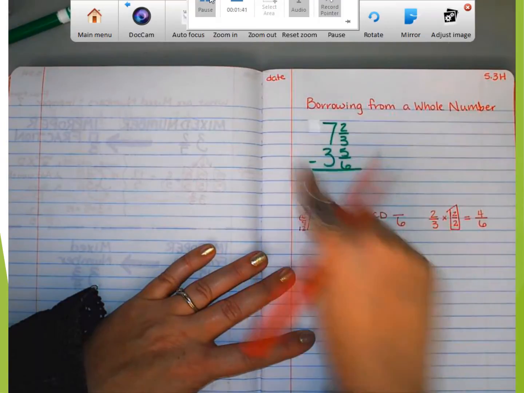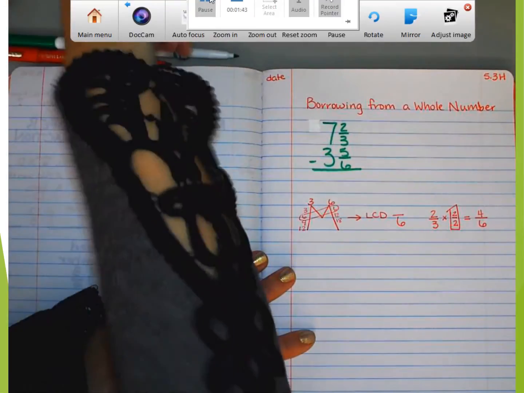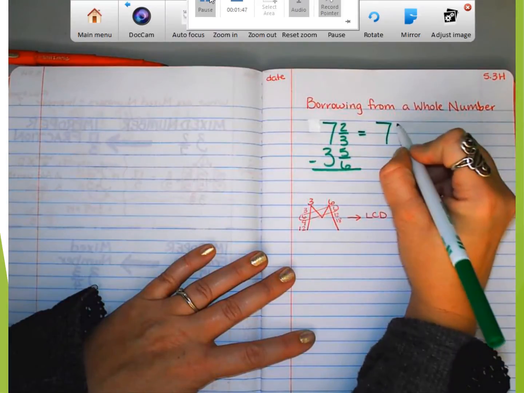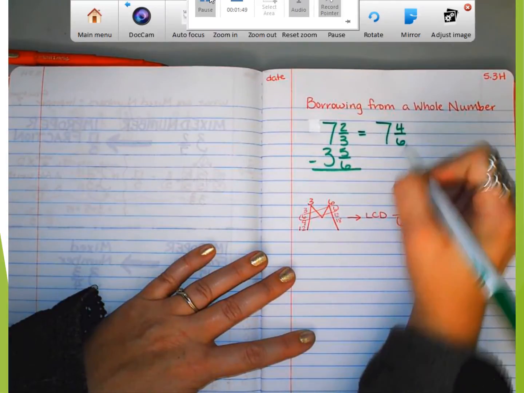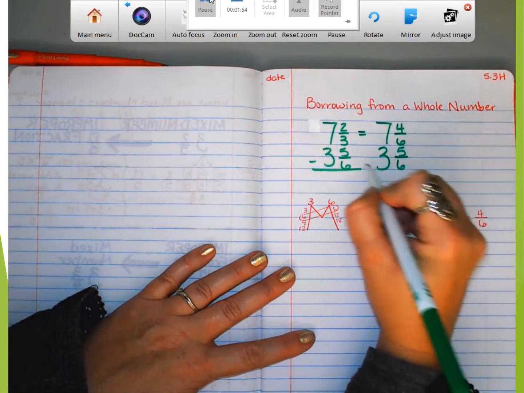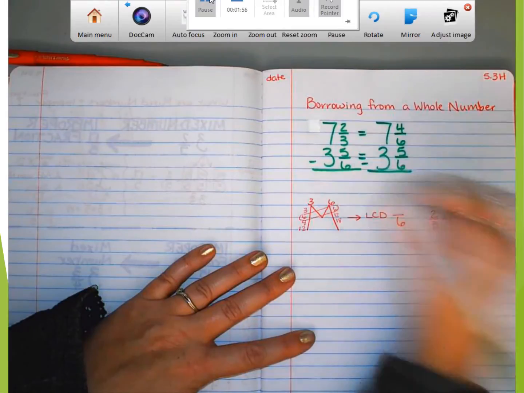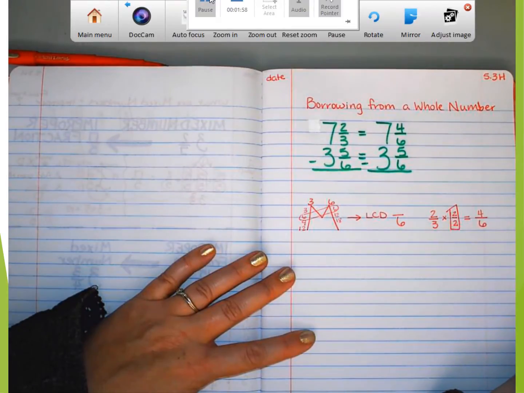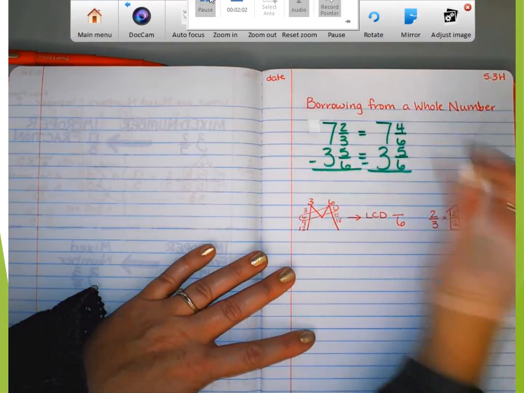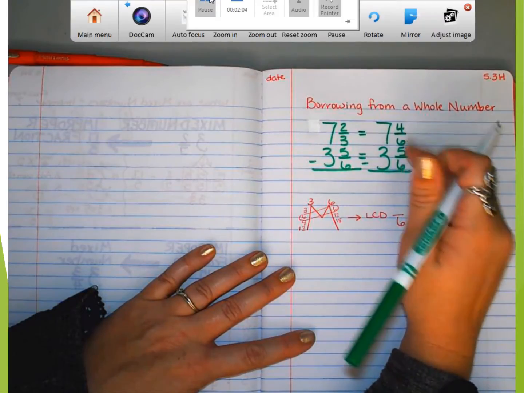So now I can come up here and my problem will be 7 and 4/6 minus 3 and 5/6. So now that my denominators are common, I can subtract my numerators. So I do 4/6 minus 5/6.